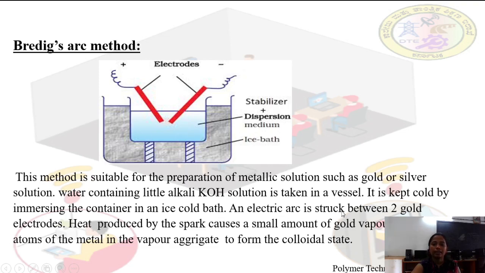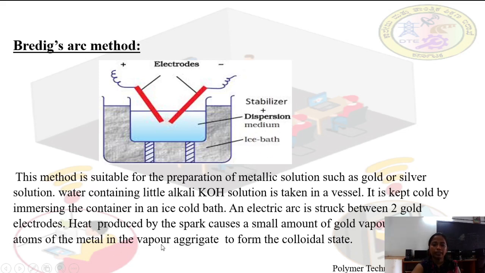An electric arc is struck between two electrodes. Here we use two gold electrodes and strike the electric arc. Heat produced by the spark causes a small amount of gold to vaporize.